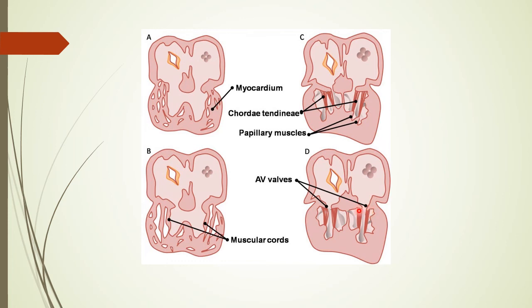So these are the atrioventricular valves. This is of left side. This is the mitral valve, and this is the tricuspid valve, papillary muscles, and chordae tendineae.